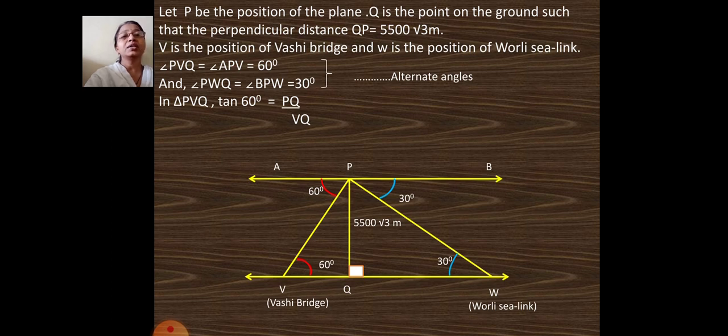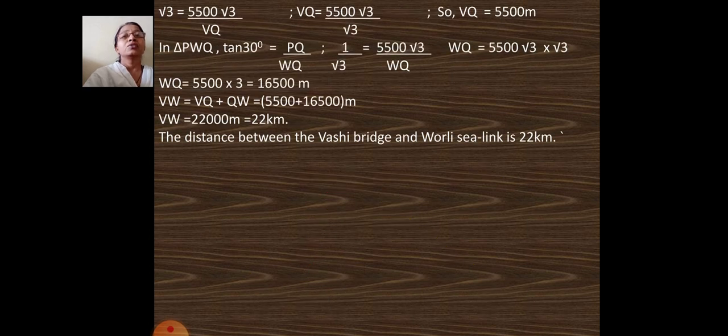Now consider the left hand side triangle, that is triangle PVQ. Take the tan ratio, tan of 60 degrees is PQ upon VQ. The value of tan 60 is root 3, is equal to the PQ length 5500 root 3 upon VQ.